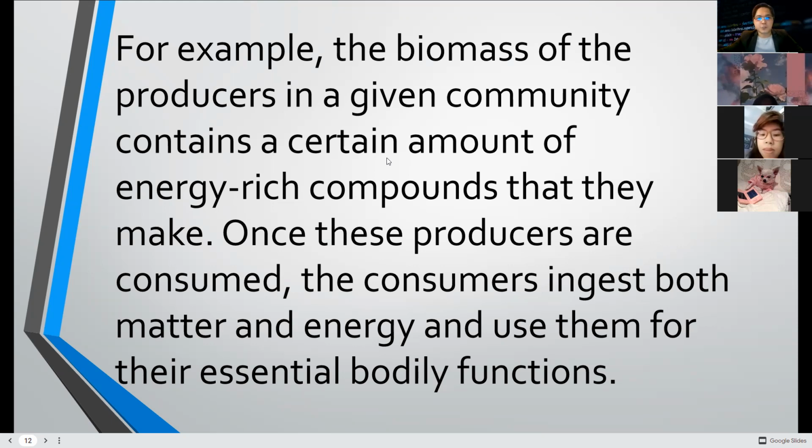Once these producers are consumed, the consumers ingest both matter and energy and use them for their essential bodily functions. This is how scientists predict the existence of species. It is based on plants or producers.